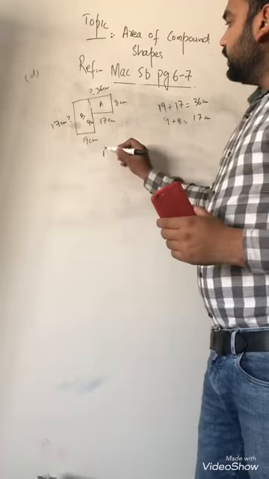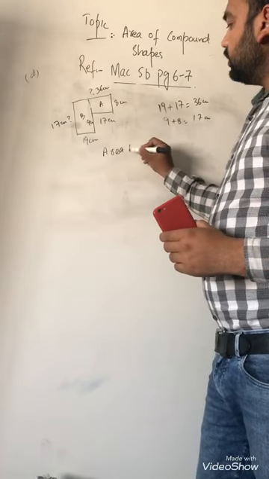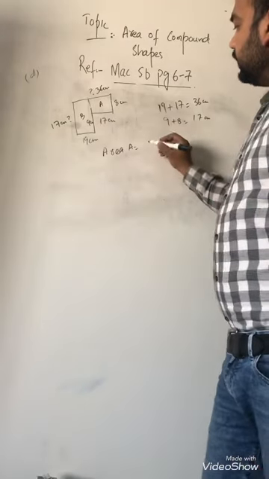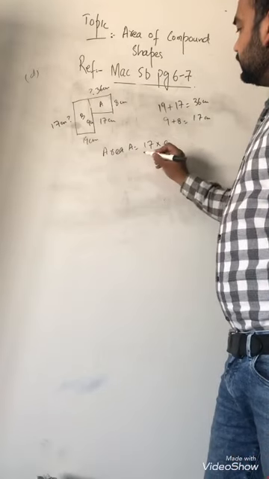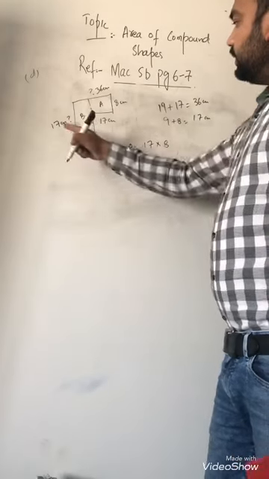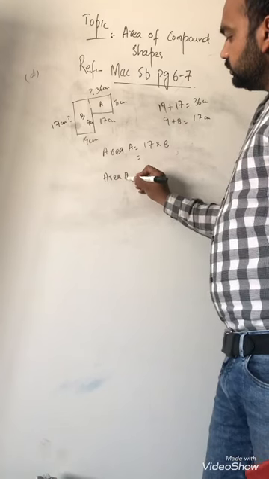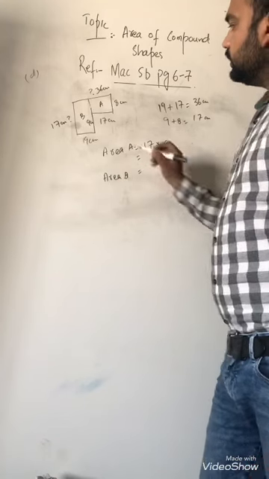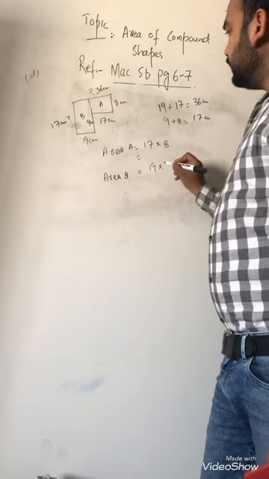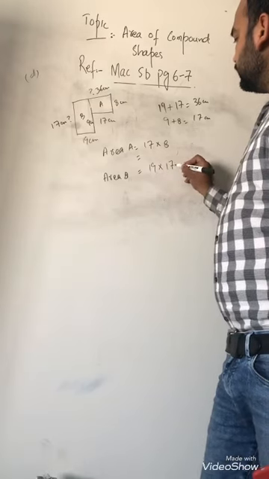So area A is 17 multiplied by 8, and area B is 19 multiplied by 17, right?